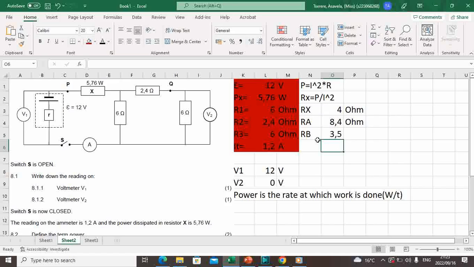So the equivalent of this part is equal to 3.5 ohm.